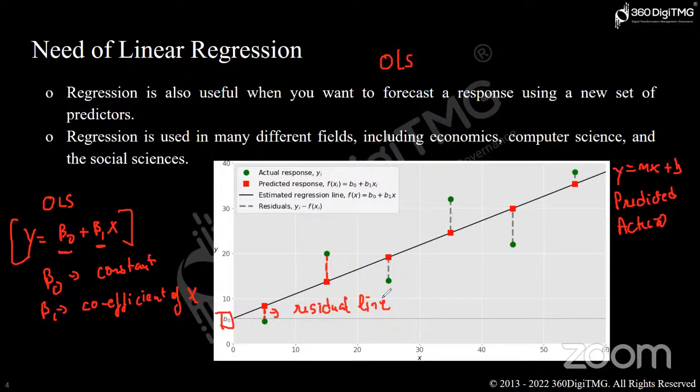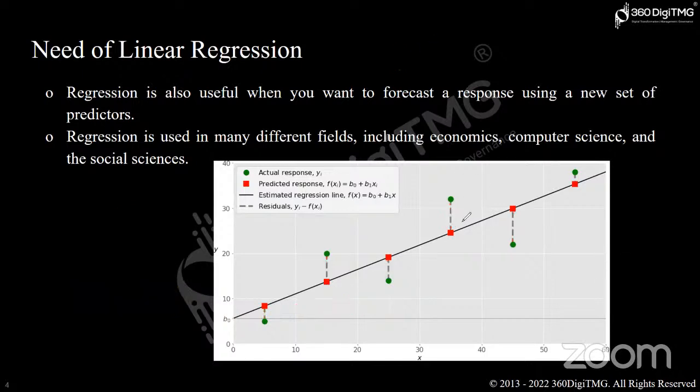Here we are trying to minimize these values. All right. So we are trying to minimize this residual. But here in linear regression, we also try to calculate something known as our R square value.